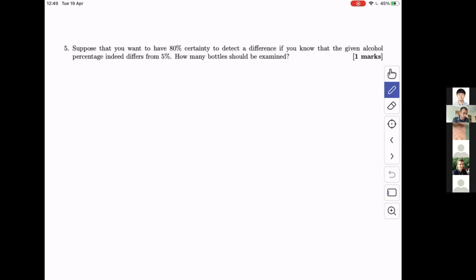Given beta is 0.80, find n, and using the same formula as before, you will get that n is 980.1. So if you round it up to the next highest integer, you will have to test 981 bottles of beer.